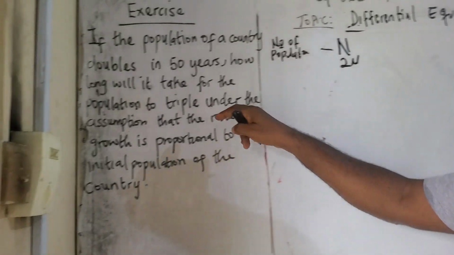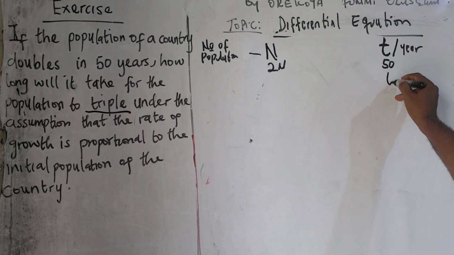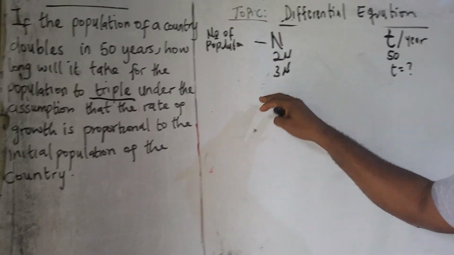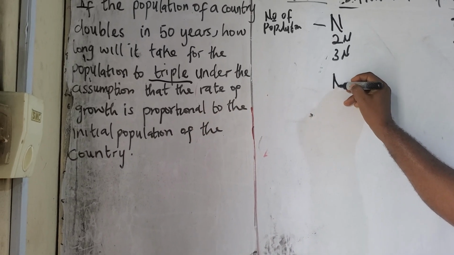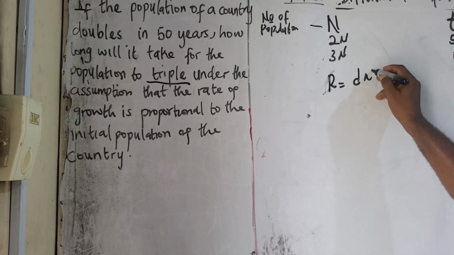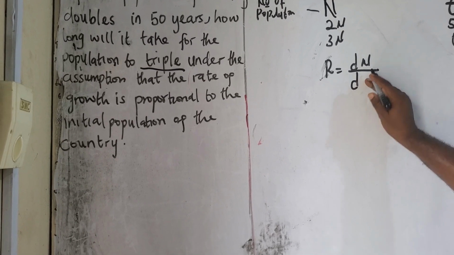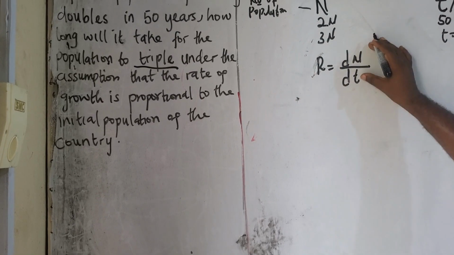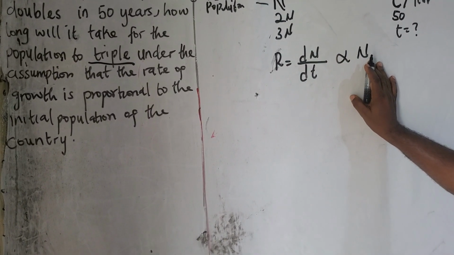The question now says, what time will the population triple? So it's saying that what time t will the population triple, given the condition that the rate r of growth of this population, which is the instantaneous change in population with respect to instantaneous change in time, is proportional to the initial number of population.